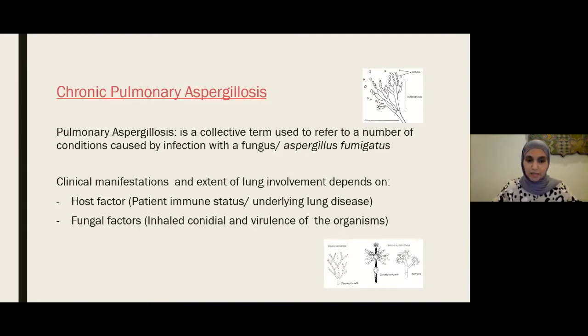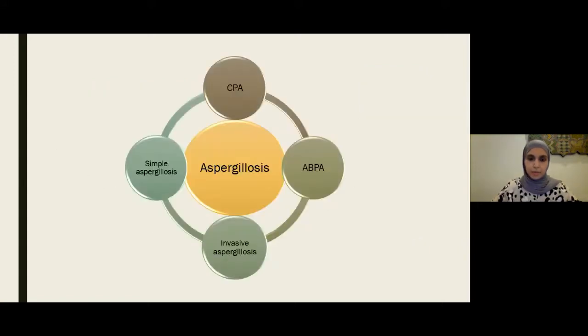The fungal factor is the inhaled conidia and the virulence of the organism. Aspergillus syndromes have multiple clinical manifestations, namely simple aspergillosis, chronic pulmonary aspergillosis, allergic bronchopulmonary aspergillosis, and invasive aspergillosis. Each of them has its characteristic imaging findings with a certain immune status.